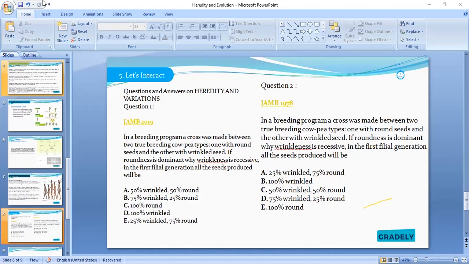Like in this question, a lot of people are answering. The question says, farmers' assumption that the seed from a good harvest will produce a good yield is explained by the theory of evolution, adaptation, variation, heredity. Having understood what evolution is, we've already talked about it. Evolution looks into how living organisms came into existence.